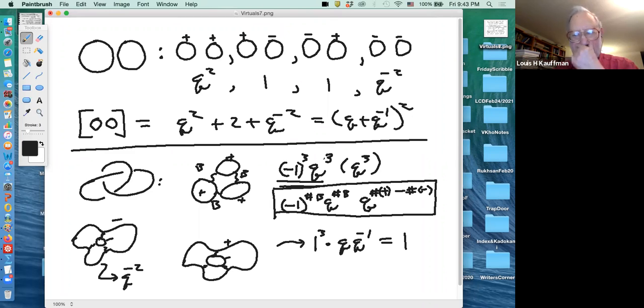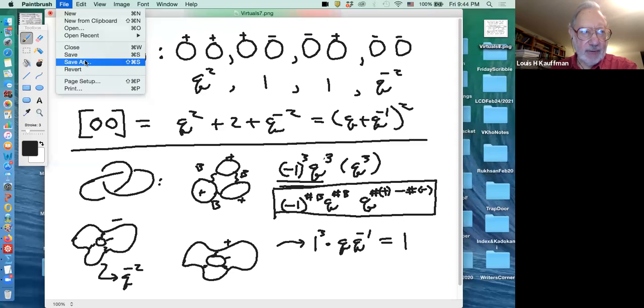So every enhanced state is going to give us minus 1 to the number of B's, Q to the number of B's, Q to the number of plus minus the number of minus. Okay? So we can now write a formula for the polynomial as a whole.